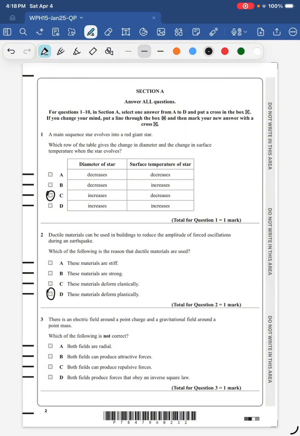Both fields can produce repulsive forces. This is not true of gravity. It will be cool to have anti-gravity, but we don't, okay? So C is the correct answer. D, both fields produce forces that obey an inverse square law, which is true for both. So C is the correct answer.